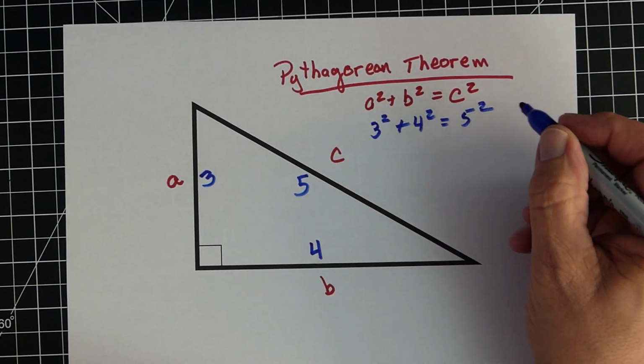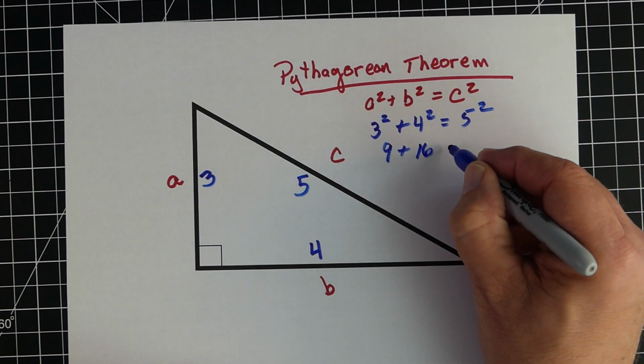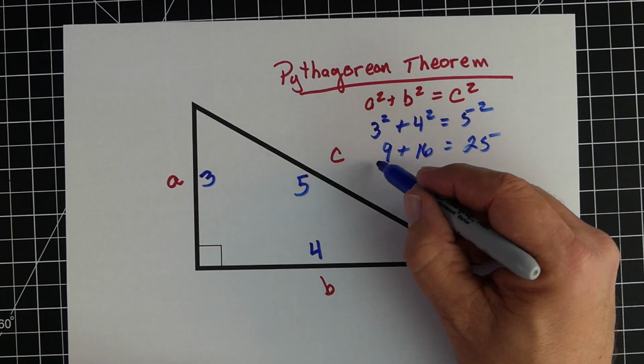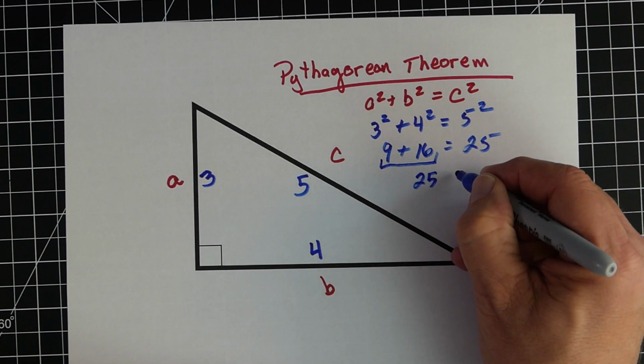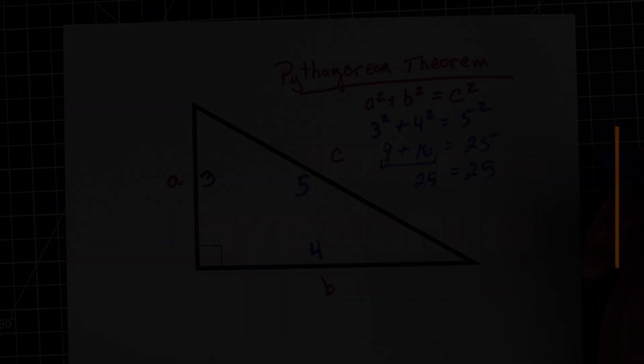And when we do that, 3 squared we know equals 9, 4 squared is 16, and 5 squared is 25. If I add up the 9 and the 16, if I put those two together, we get 25. And as we know, 25 does indeed equal 25. So this is a right triangle.